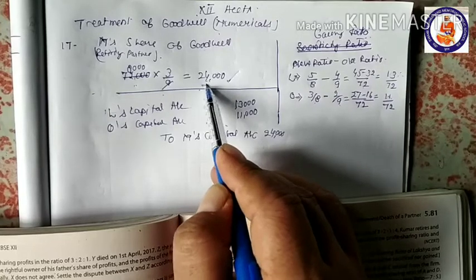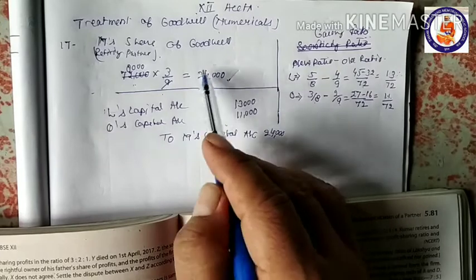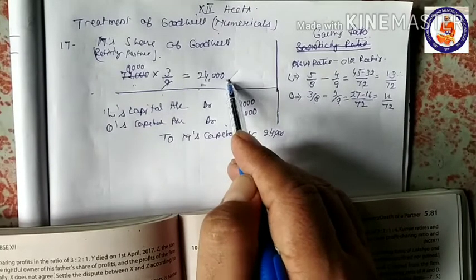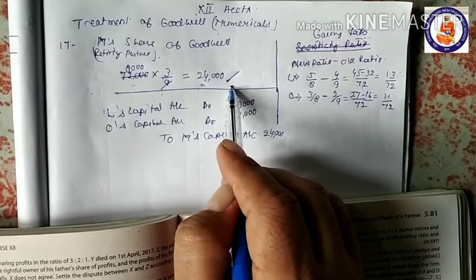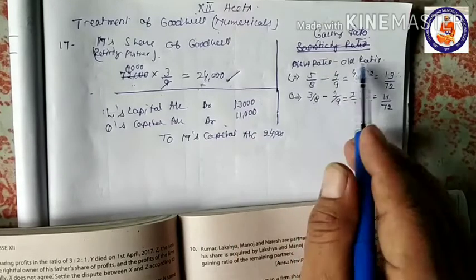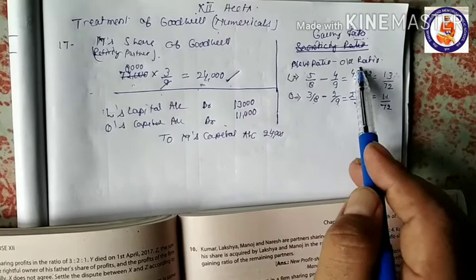Now we want to know the sacrifice, because this amount which is to be given to M will be borne by the remaining partners in their gaining ratio. So what is the gaining ratio that we are calculating here? Gaining ratio is new ratio minus old ratio.